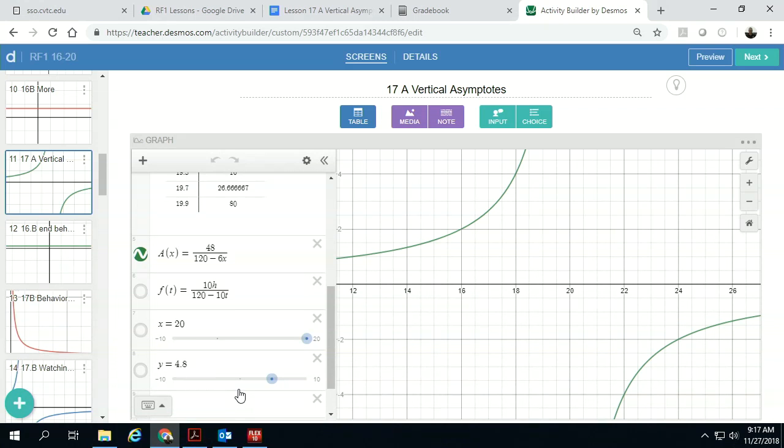So I have it graphed here, 48 over 120 minus 6x. And what do I have? An asymptote or a hole?